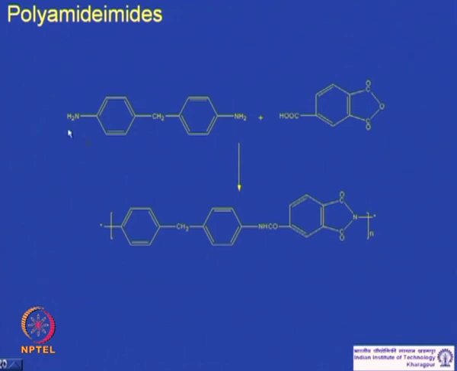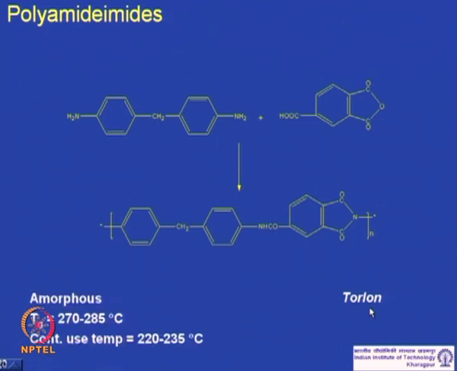You take these aromatic diamines with polyanhydride on one side and carboxylic acids on the other to form polyamideimides, and this is sold under the trade name Torlon. This is also a very high heat polymer. It is also amorphous, Tg is 270 to 285, and the constant use temperature is 220 to 235.